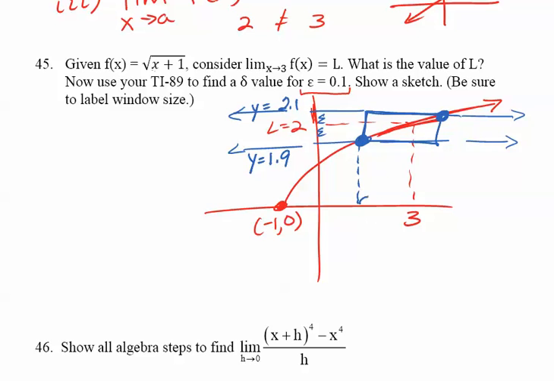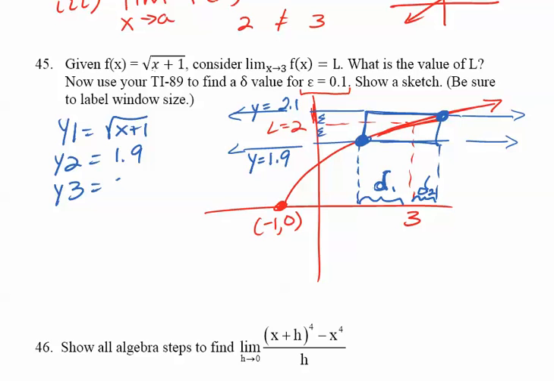More importantly, we're looking for this delta 1 value. And this looks smaller, this delta 2 value. So if we want to stay within that tolerance window, we want to choose the smaller of those two delta values. So we're going to put the equation into our calculator as y1, and we're going to put in these two horizontal lines.